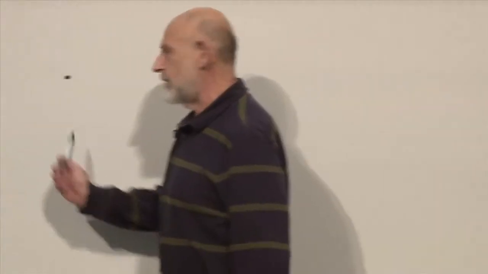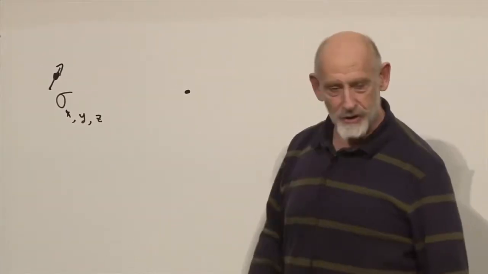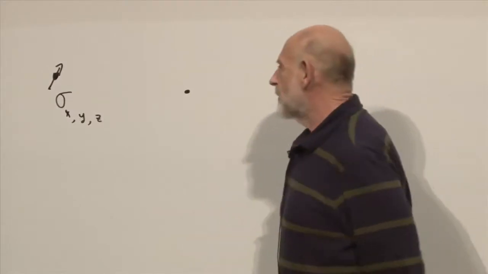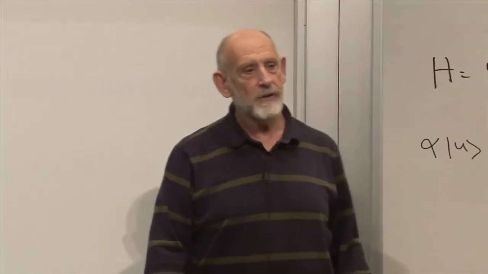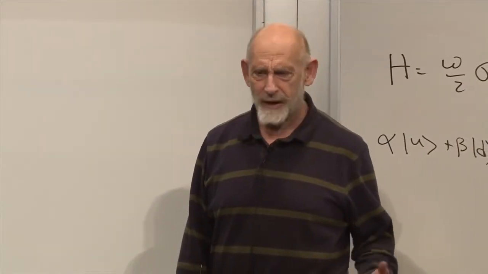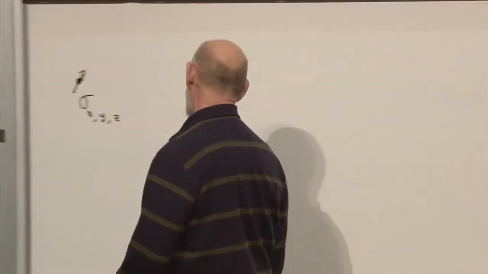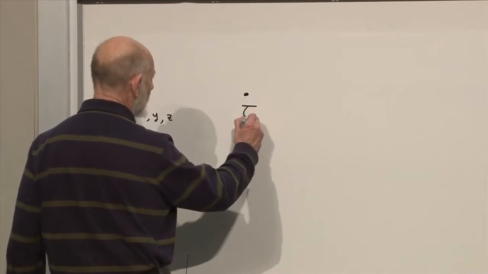Now, I toyed for a while with calling this one sigma 1 and this one sigma 2, but there were too many indices. Then I had sigma 1x, sigma 1y, but they're bad. So I decided to give this one another name. And the Greek letter that comes after sigma is tau. I think the next one in the Greek alphabet is tau. And I simply call this one tau.